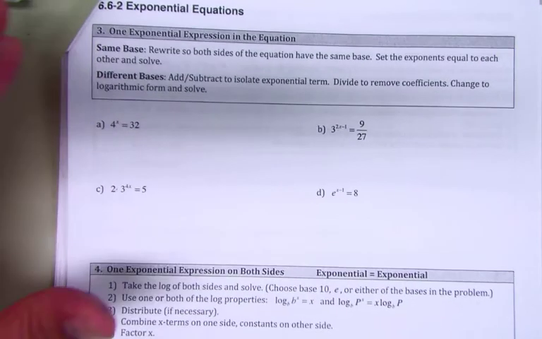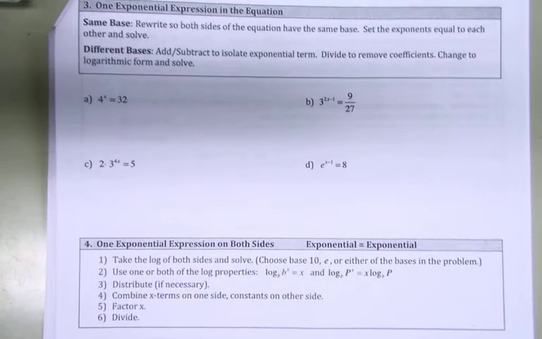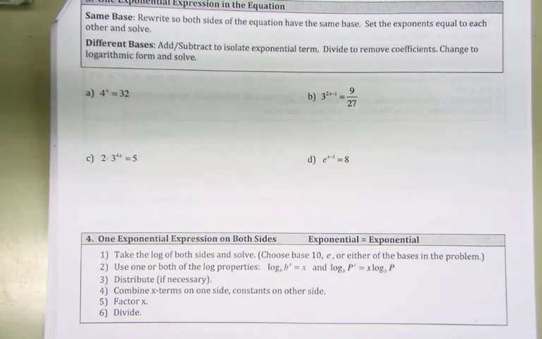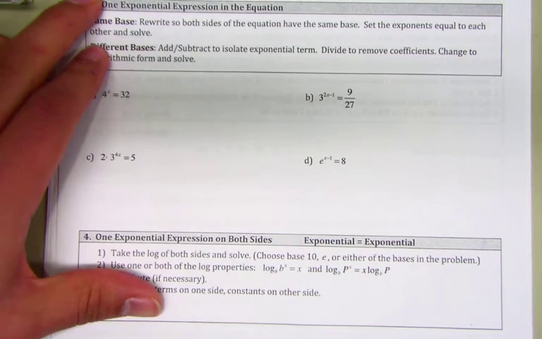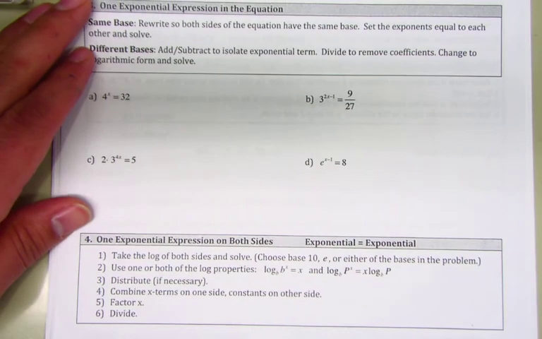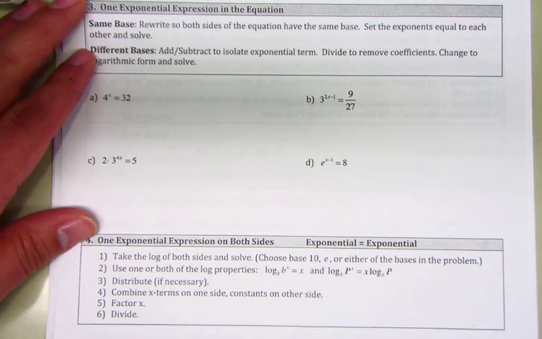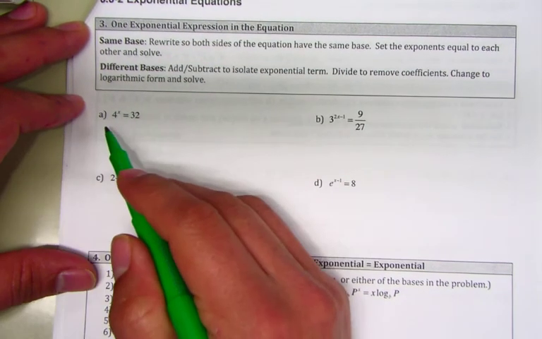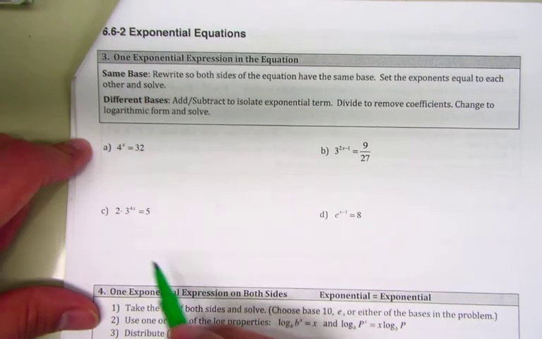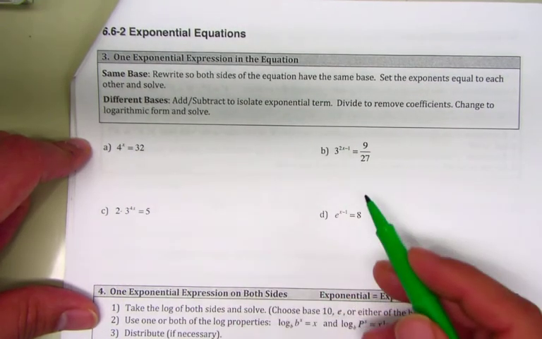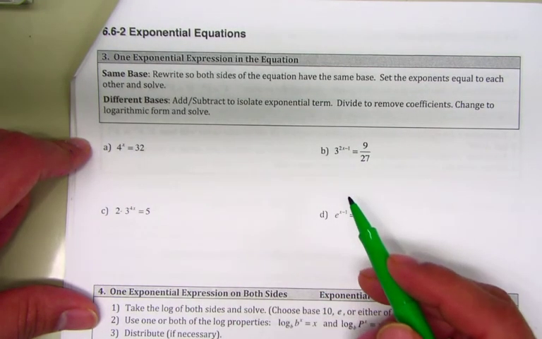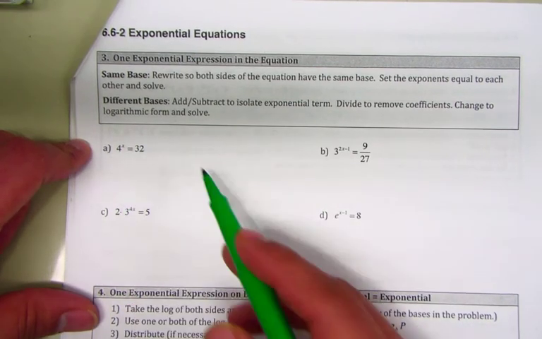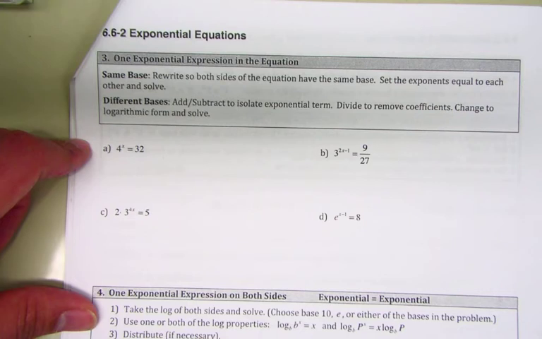All right, so let's just look at this page here. There's really going to be three approaches that we're going to take. If you can make the base the same, you don't have to use logs.